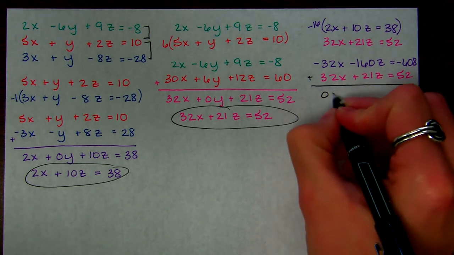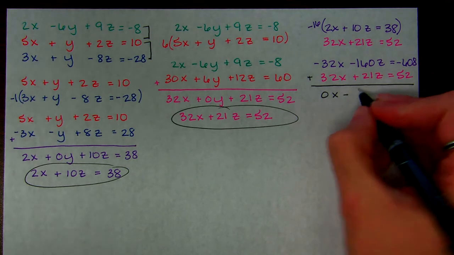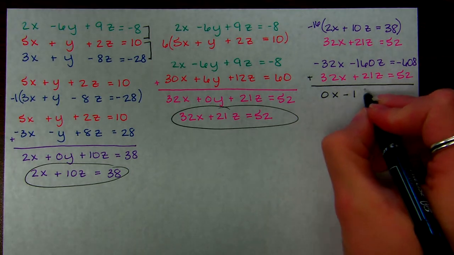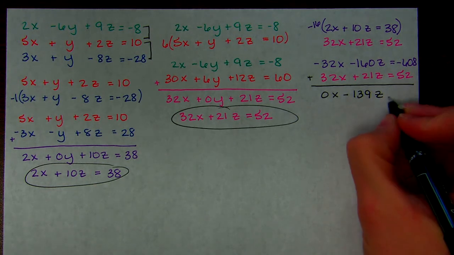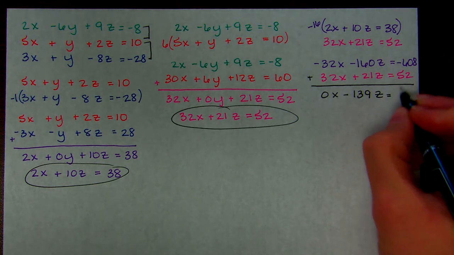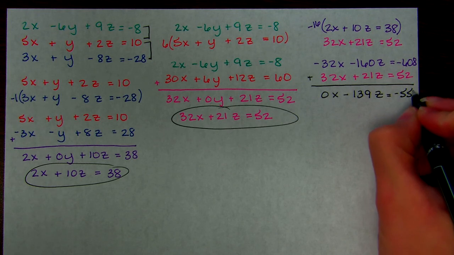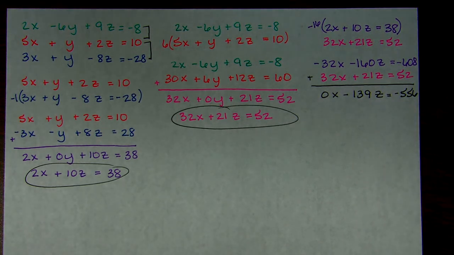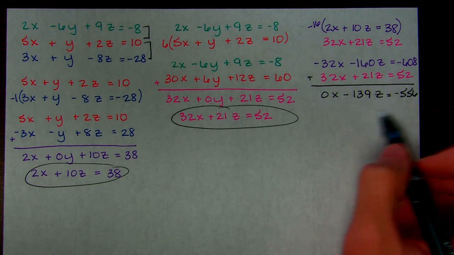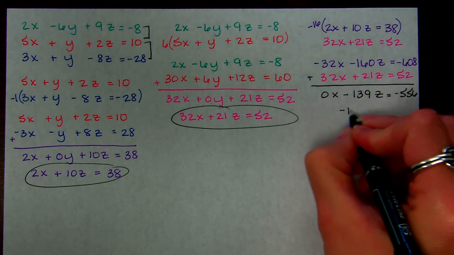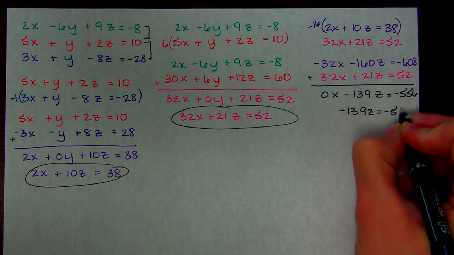We get 0x minus 139z is equal to negative 556. And so what we have now, guys, is negative 139z is equal to negative 556.